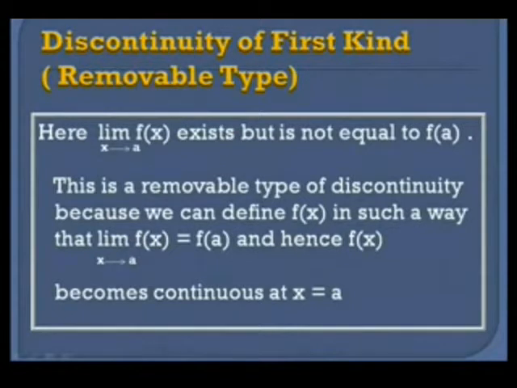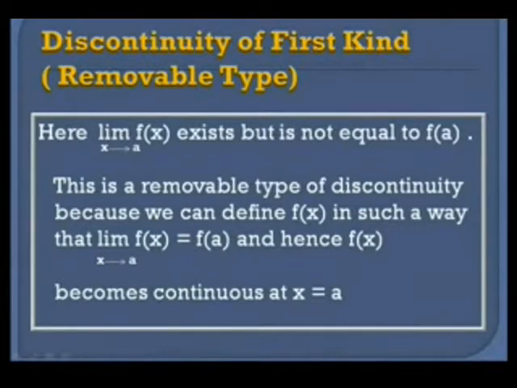Discontinuity of the first kind, also called the removable type of discontinuity. In this type of discontinuity, the limit of f(x) exists but is not equal to f(a). The main thing is the limit exists but is not equal to f(a). We call this type of discontinuity removable because we can define f(x) in such a way that the limit of f(x) when x tends to a is equal to f(a), and hence f(x) becomes continuous at x equal to a.